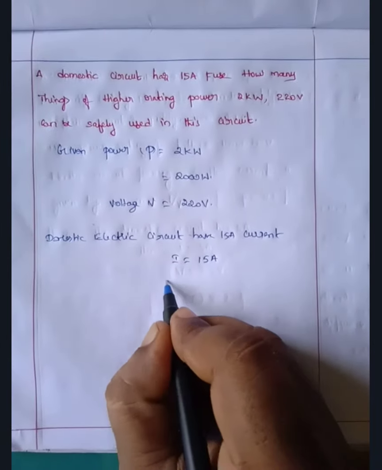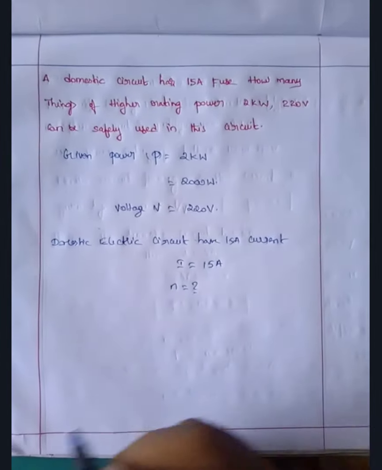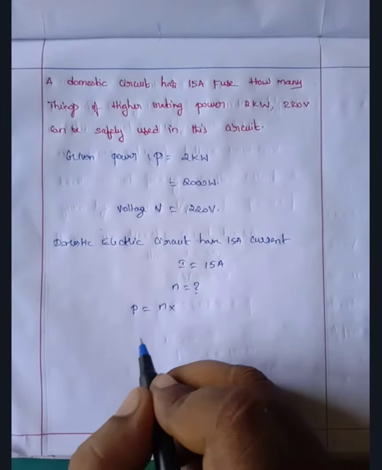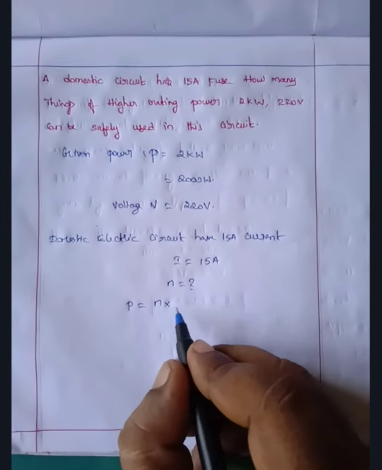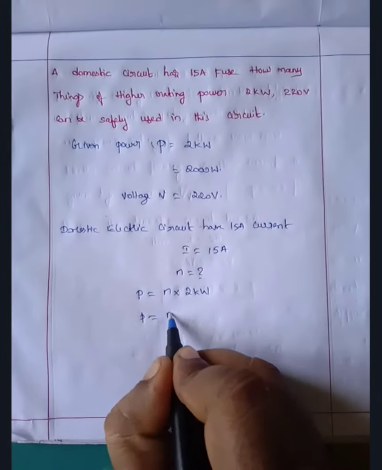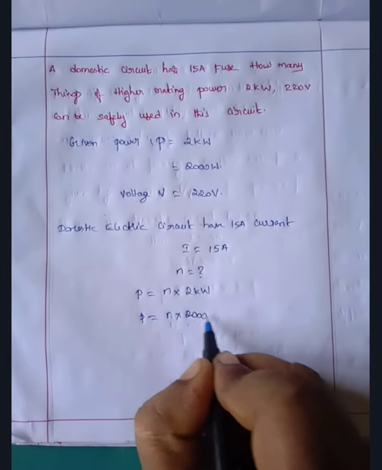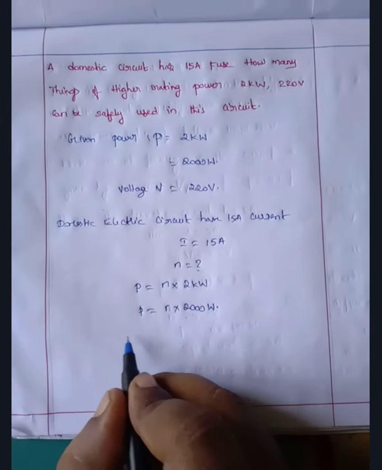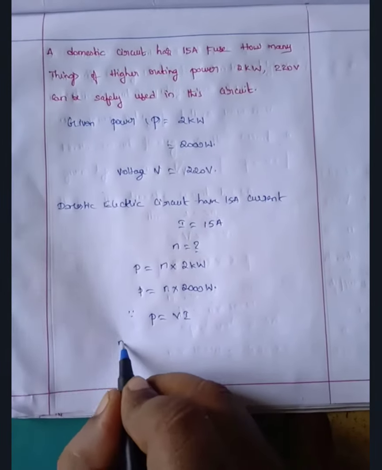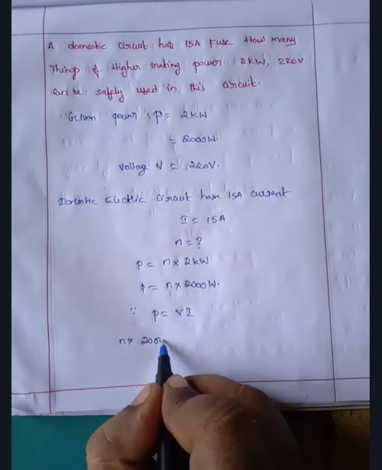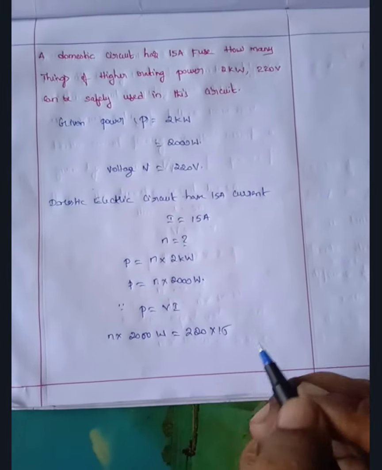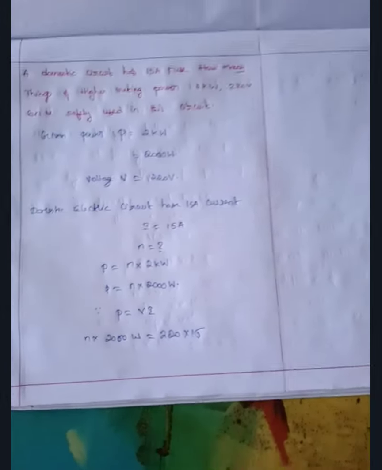Then how many things can we use? Therefore power is equal to n into the power rating given, 2 kilowatts. So P is equal to n into 2000 watts. Since we know P is equal to VI, therefore n into 2000 watts is equal to 220 into 15.